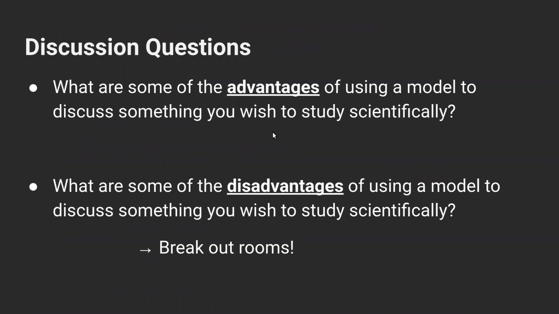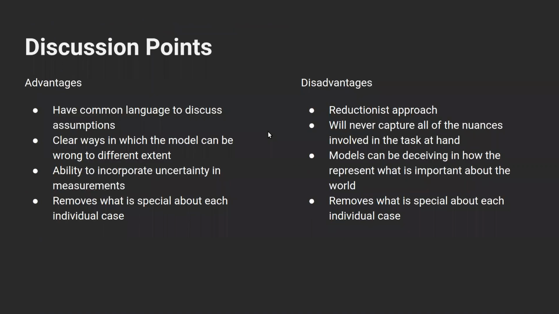So I wanted to end last week with a bit of a discussion talking about some of the advantages and disadvantages with this, but I just want to briefly go over this together as a group and not belabor it too much. So some of the advantages of using a model like this is that it gives us a common language to discuss the assumptions that we have as people trying to do scientific research, especially within music.